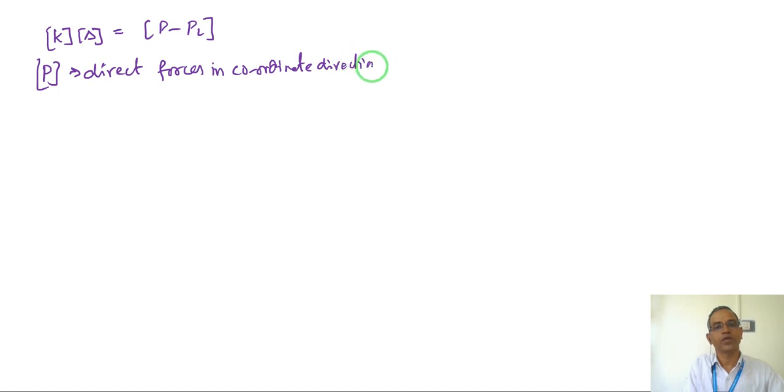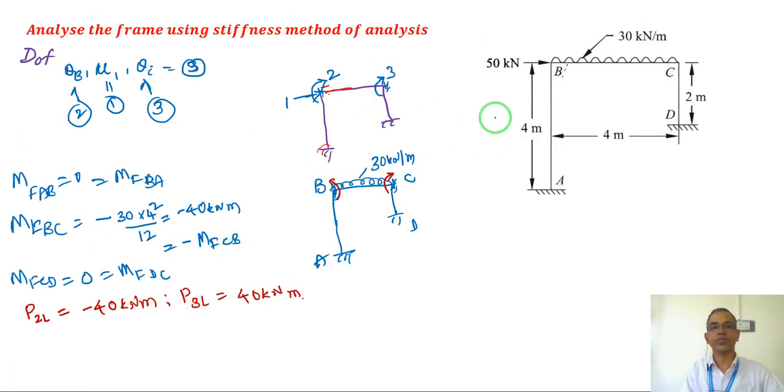If you look at our structure here, in our coordinate direction 1, I have a 50 kilonewton load in the same direction. So P1 will be taken as 50, and there is no external moment applied at B or C. So P2, P3 are 0. Somebody may ask, how will a moment be applied directly on B?